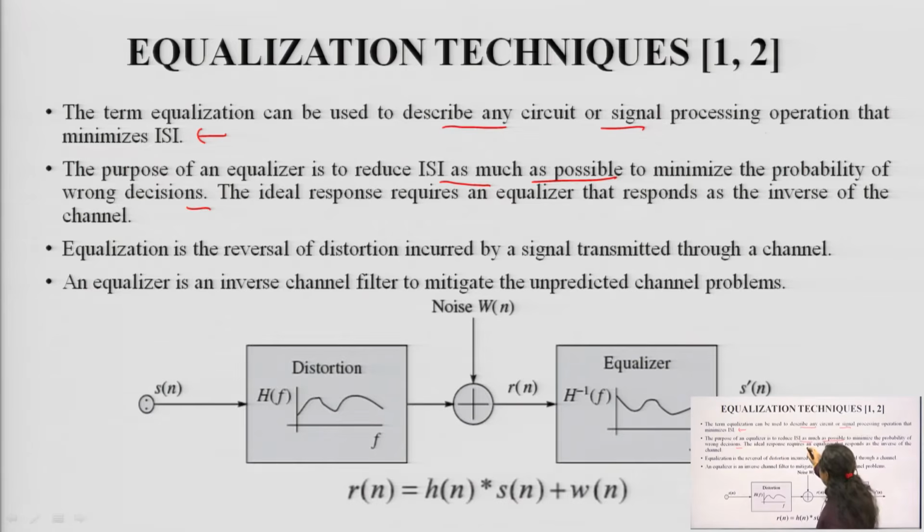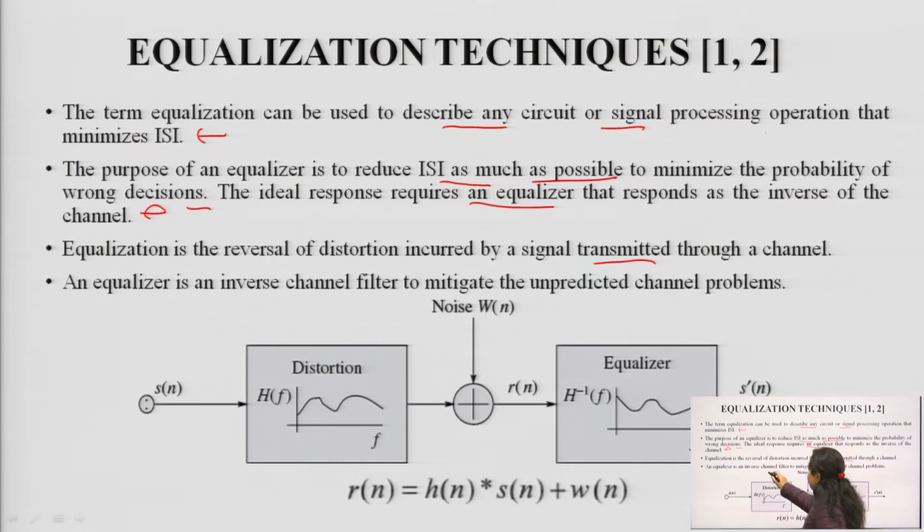So, the ideal response requires an equalizer that responds as the inverse of the channel. Equalization is the reversal of distortion incurred by a signal transmitted through a particular channel. So, that is the main concept behind equalization.